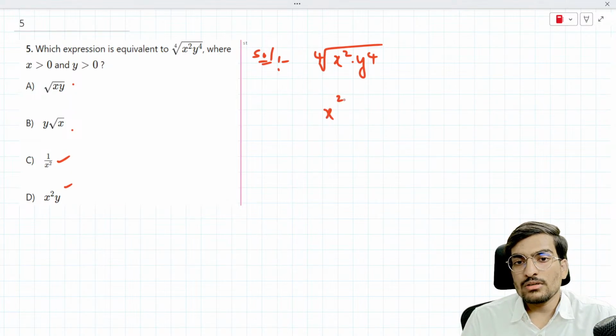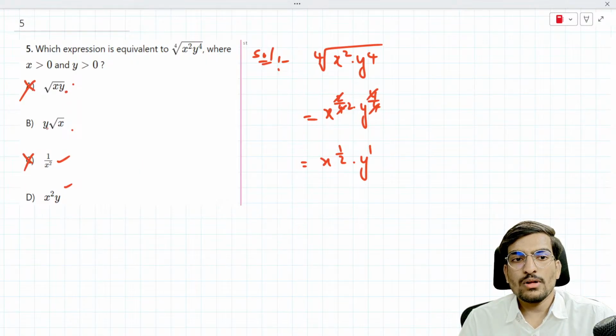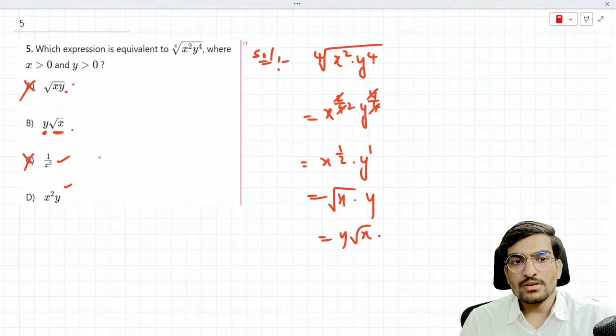For that we turn it into an exponent individually. It is applied to both things which are under the root. So 4 by 4, 4 out; 2 ones are 2, 2 2s are 4. So we got x raised to the power of 1 by 2, y raised to the power of 1. Do we have that option? We don't. Here there is no y term at all. Here for y there is no root, so no. For y and they have root, so we can turn this into y root x, which is option B.